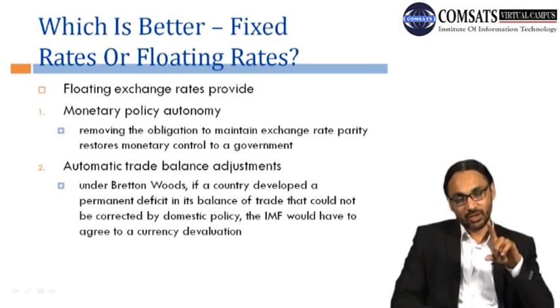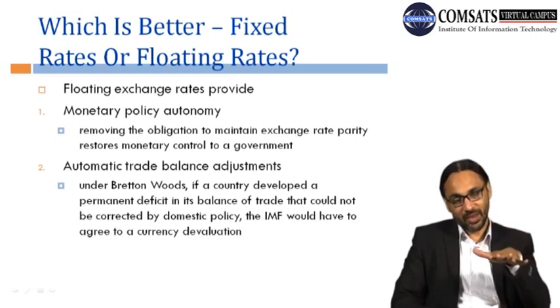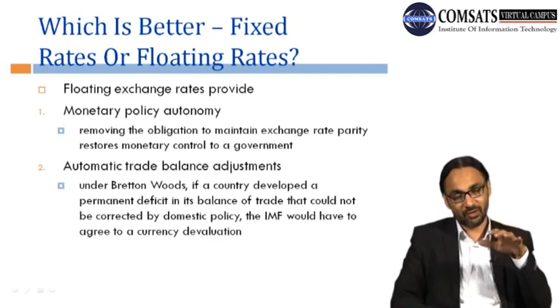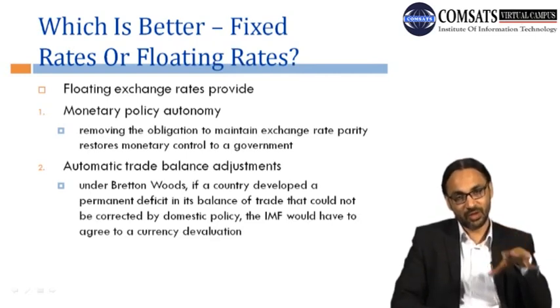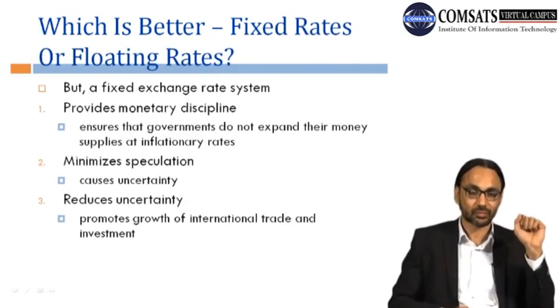On the other hand, in the fixed exchange rate, if the balance of trade is not there, the country has to take permission from the IMF, and the IMF would have to agree to the currency devaluation. They couldn't even do the devaluation by themselves.